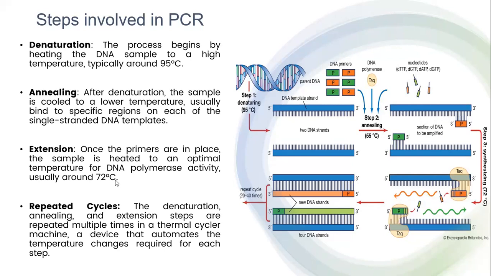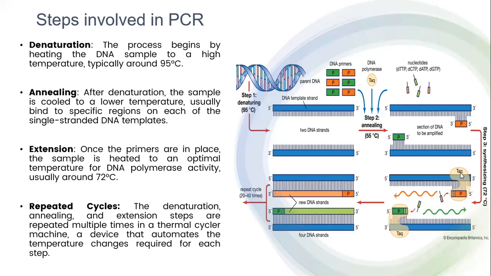One thing you should know is that for the extension step to happen, we have to raise the temperature back up to 72 degrees Celsius. That is a temperature where DNA polymerase, in this case, the type of DNA polymerase that's usually used is Taq polymerase. You could see it here in this diagram, it's just Taq polymerase.